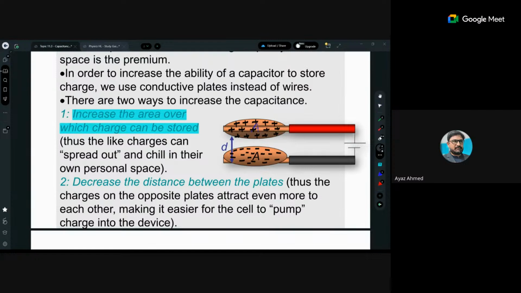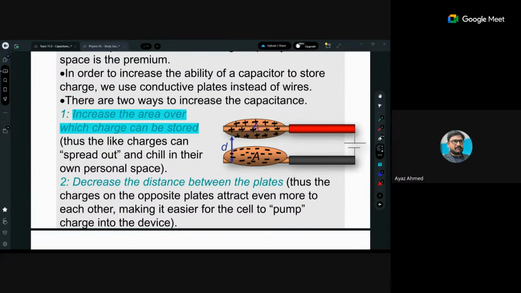The next is, we have to decrease the distance between the plates. The distance between the plates must be kept as small as possible. There is a reason behind that, and the reason is very simple. But if you are not able to understand that, you will not get it.